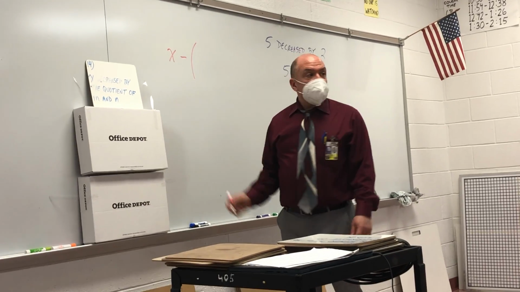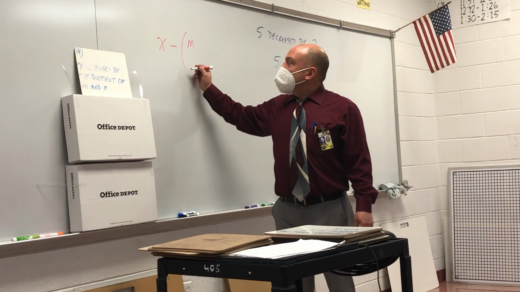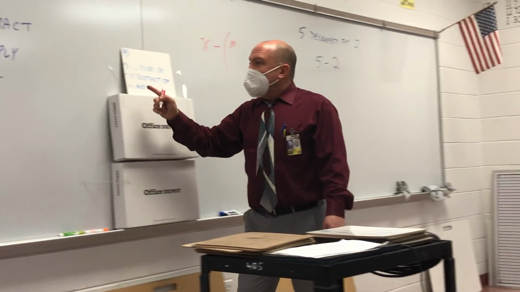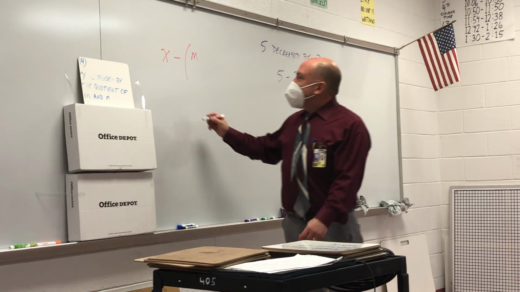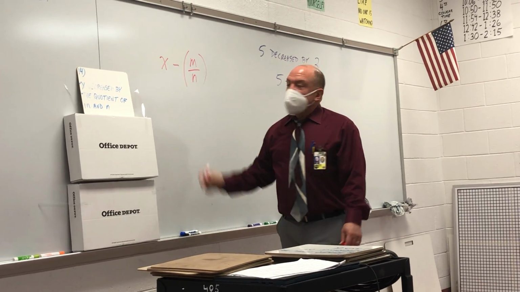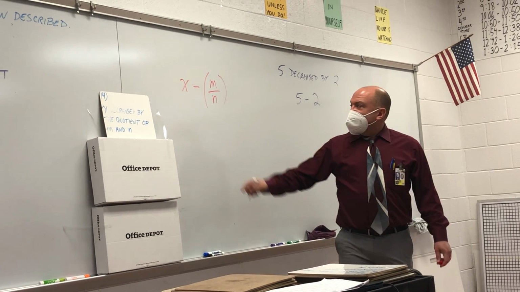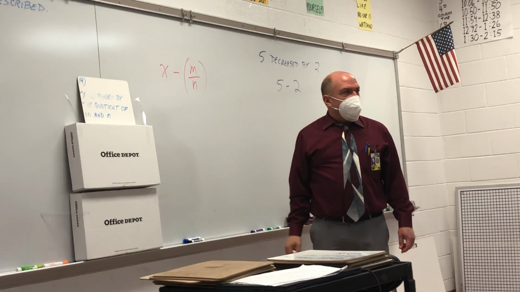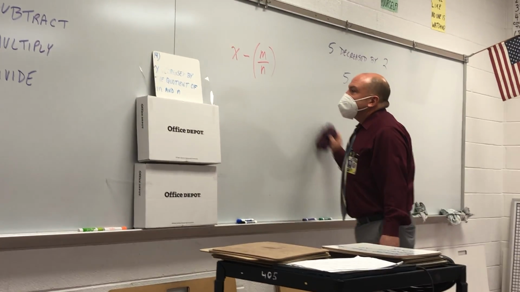Yes? Quotient. What was quotient? Divide, right? M divided by N. Good? Okay. Don't forget you'll have to press that fraction button today, right? When you do quotient. Okay, good.